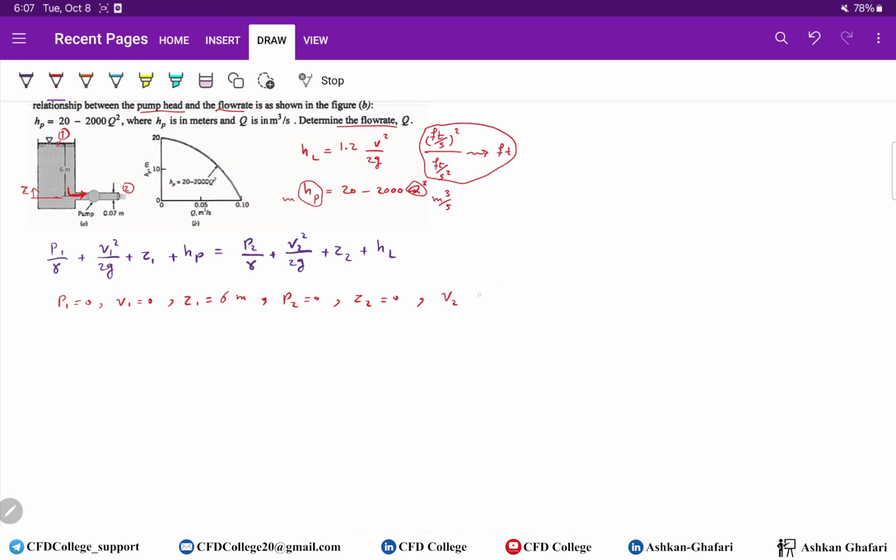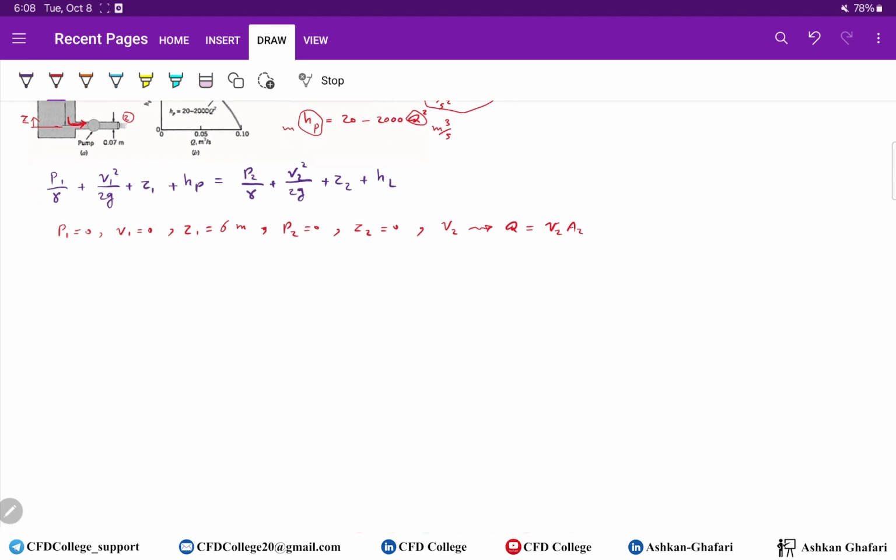But we know that Q equals V2A2. So we have a relationship between Q and velocity. Let's see what we have. This is 0, this is 0, and this is 0, and this one. So we only have 4 terms, if I'm not mistaken.